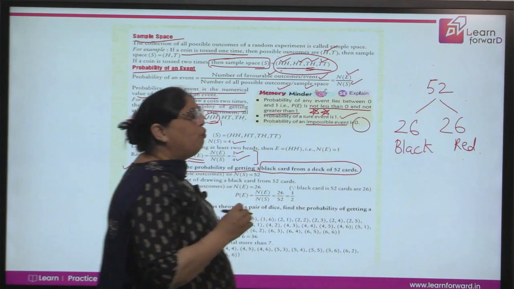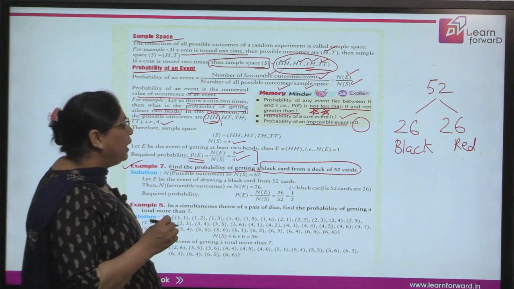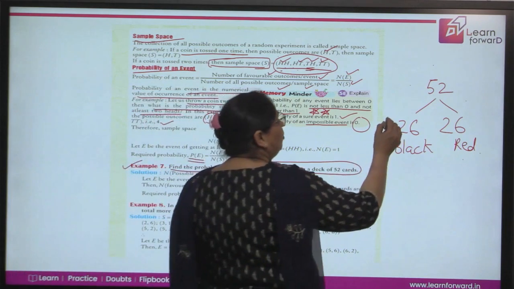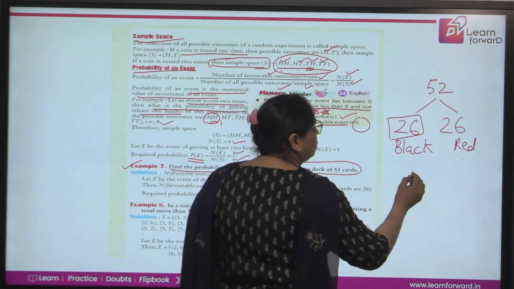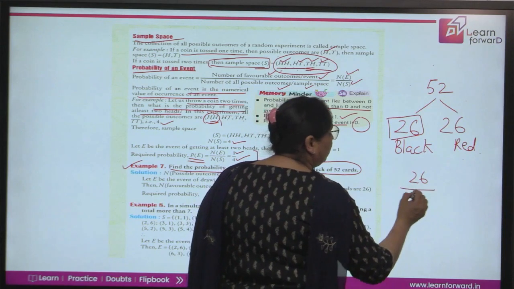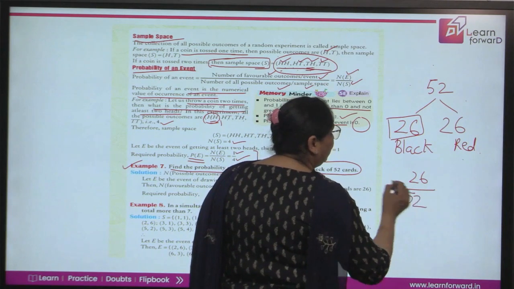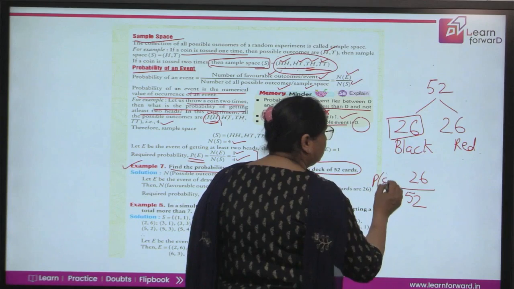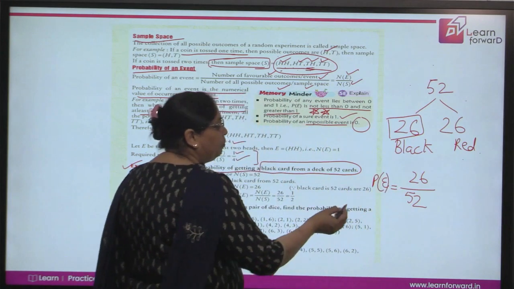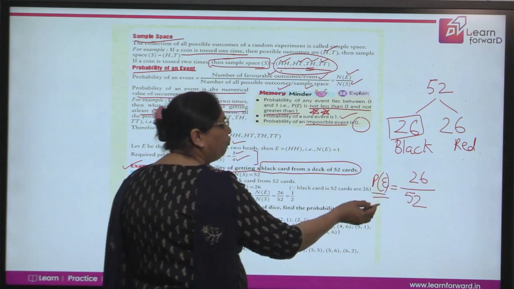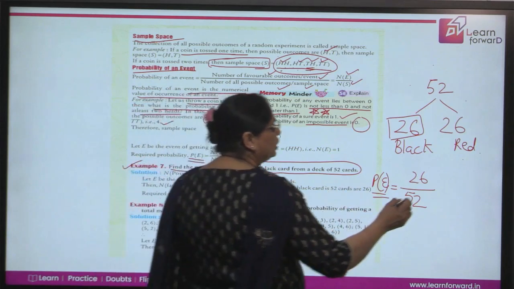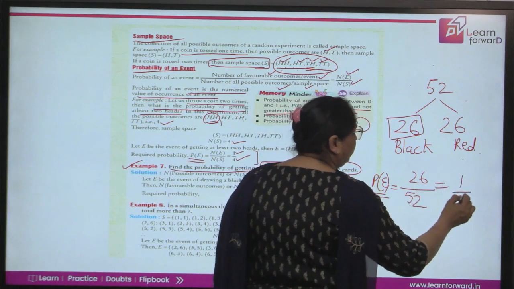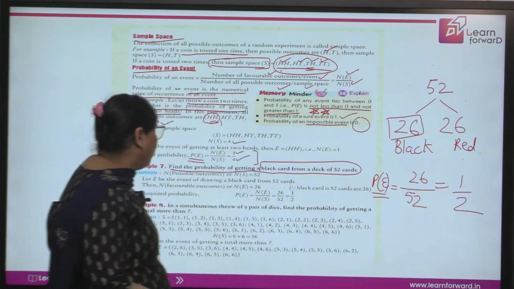So for the probability of getting a black card, the favorable outcomes are 26 and the total number of cards is 52. So the probability of the event is 26 upon 52, that is 1 upon 2.